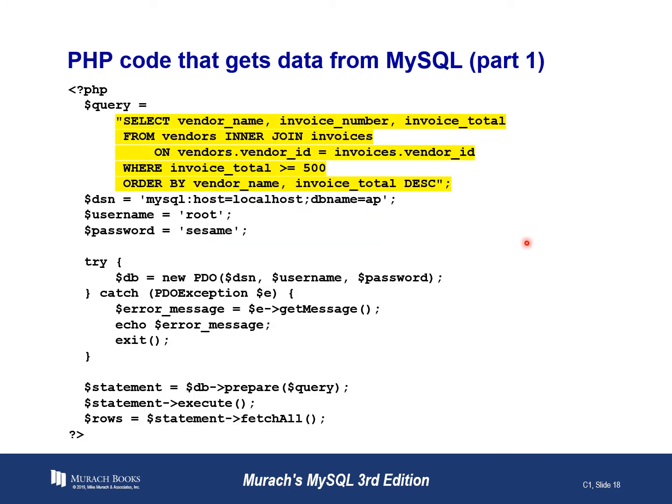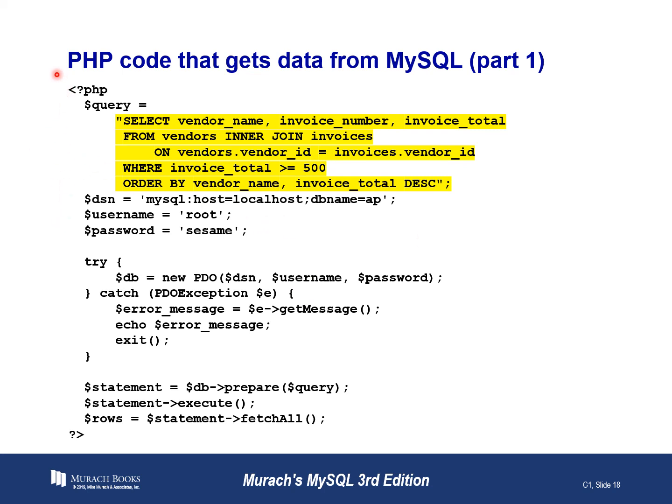Here's an example of PHP code that gets data from MySQL. Just remember, we're not teaching PHP here. This is just to give you a very high level idea of how it works and how it looks.